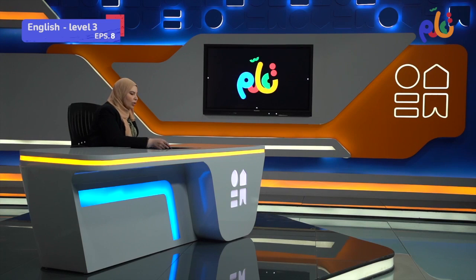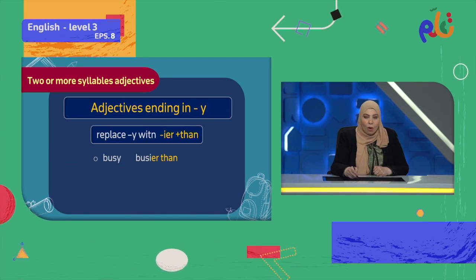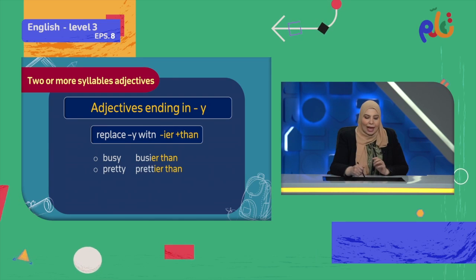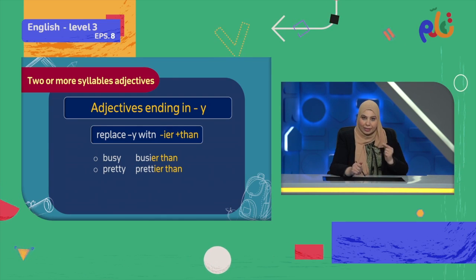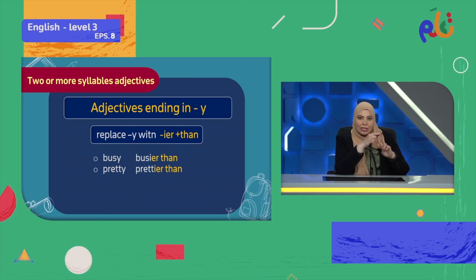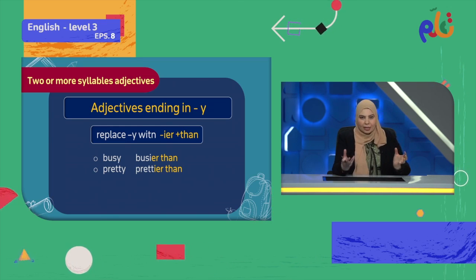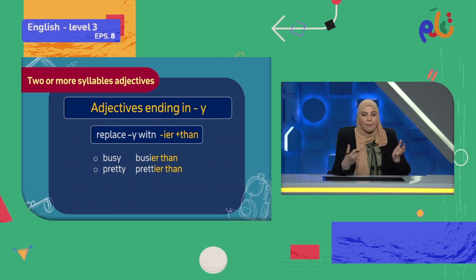So if we're talking about adjectives that are ending in Y, even if it's 2 syllables, we're going to replace the Y with I and it's going to be ER. So even if the adjective has more than 1 syllable, or if we're talking about 2 syllable adjectives ending with Y, like pretty, busy or happy.